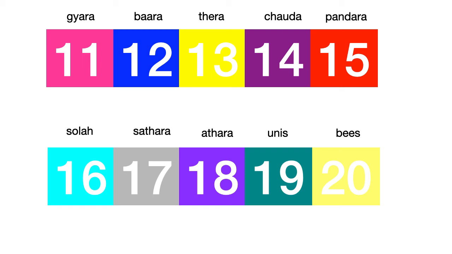So if I were to say it quickly: gyarah, barah, terah, chaudah, pandrah, solah, satrah, atharah, unnees, bees. And again, I would encourage you to practice this in counting seconds, and the more you practice, the more it will commit to memory.